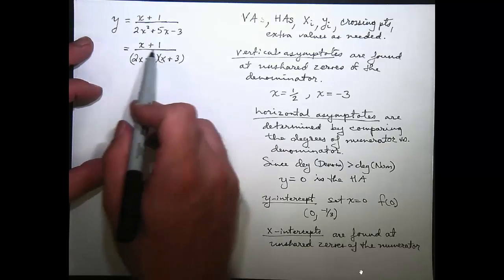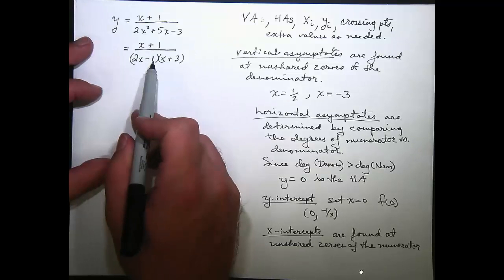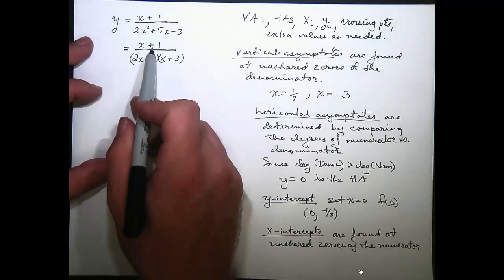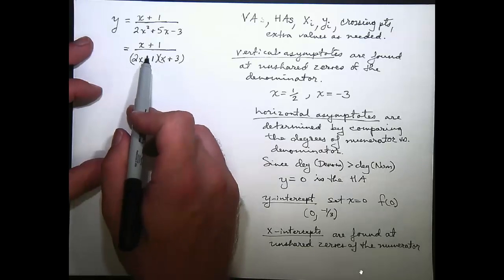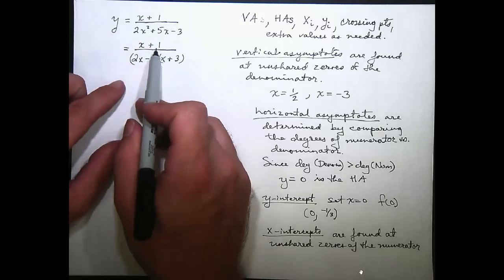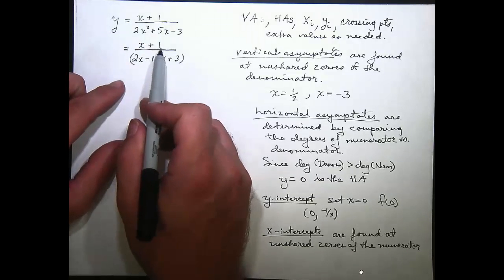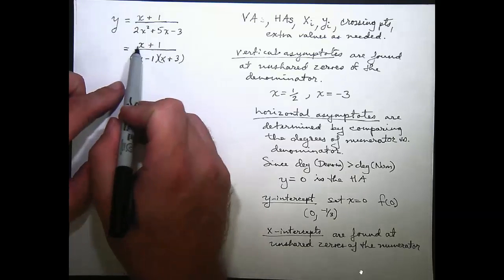In that case, if we had an x plus 1 up here and an x plus 1 down there, those two things would kind of cancel each other out, and the effect would be that there would be no x-intercepts at all, and in fact there would be a hole in the graph at -1.